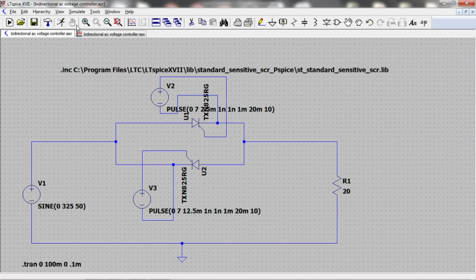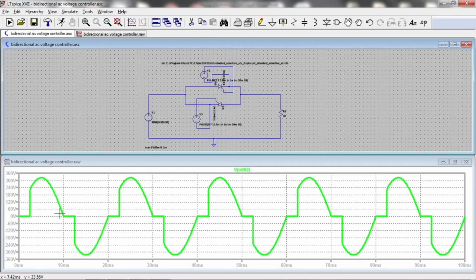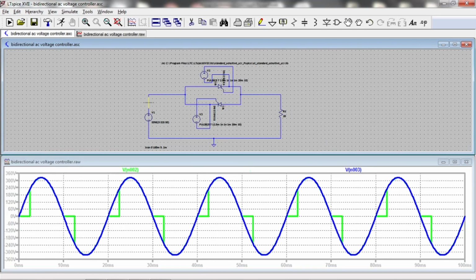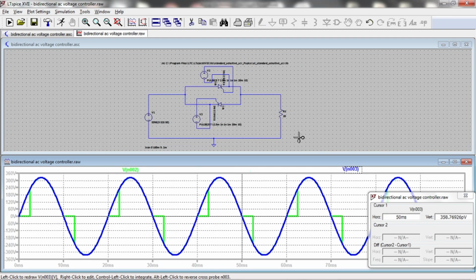If I run this circuit, you can see here the load voltage changes. This is my input voltage. For timing we'll remove that.